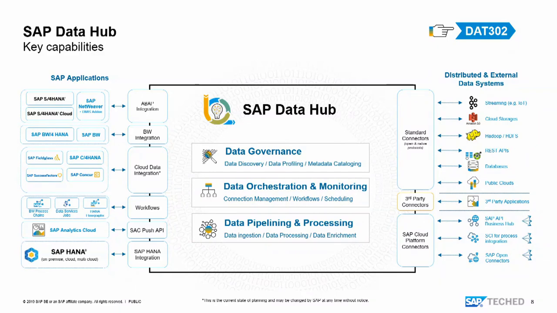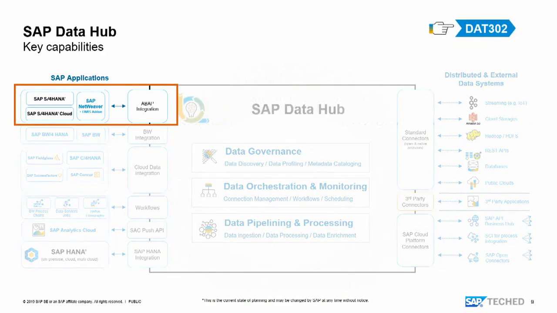Data Hub you deploy either on-premise or in a public cloud environment, whereas SAP Data Intelligence is offered as a fully managed service on SAP Cloud Platform. But we plan to align the names because basically it's the same product. It's just a current intermediate state that marketing did to us. If we mention SAP Data Hub later, the same is true for SAP Data Intelligence, so don't be irritated by that.